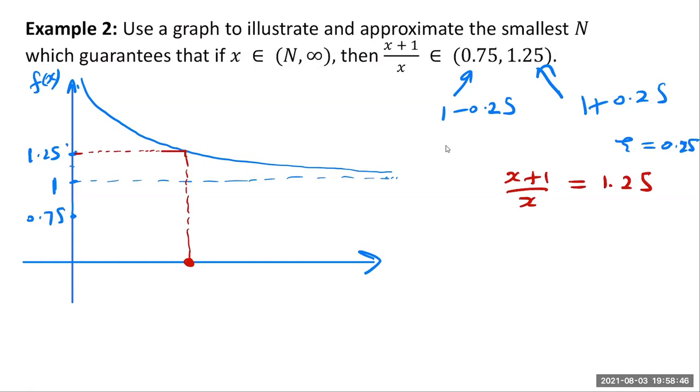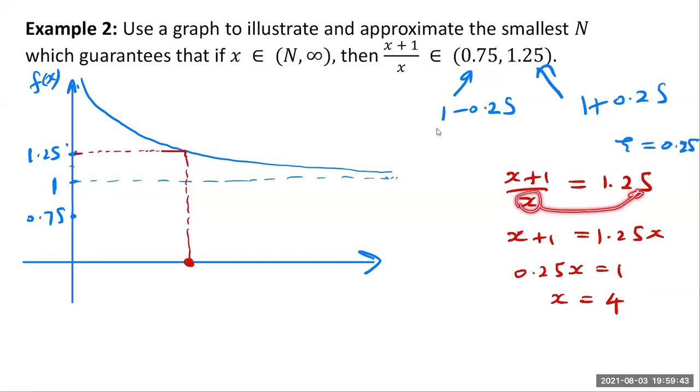And if I solve this equation, let's see what we get. We can multiply by x and move the x to the right hand side. If you solve that, you will get x is equal to 4. That means this value is 4.